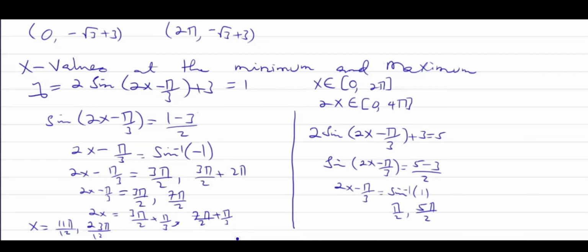So we add 2 pi to half pi, and my next step is to add negative pi on 3 on the other side.